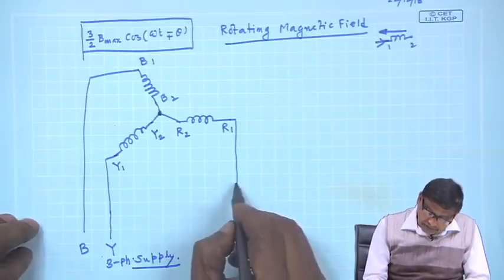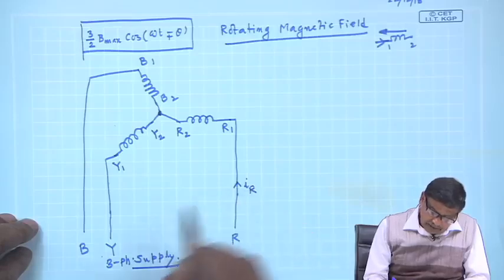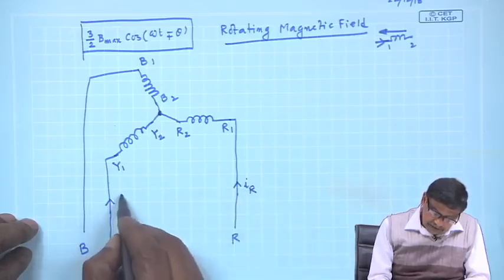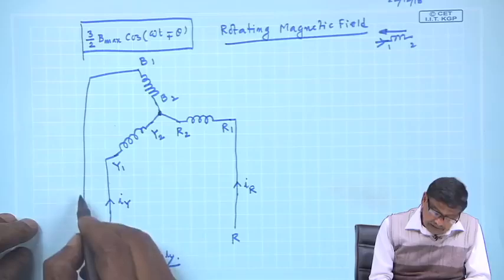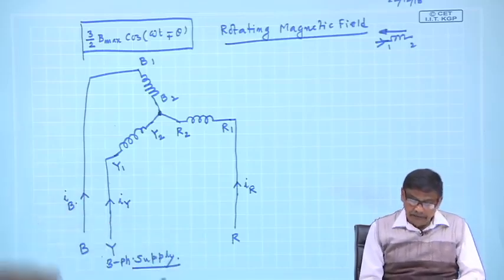Now, these currents will all be time varying currents, I R, I Y and I B.